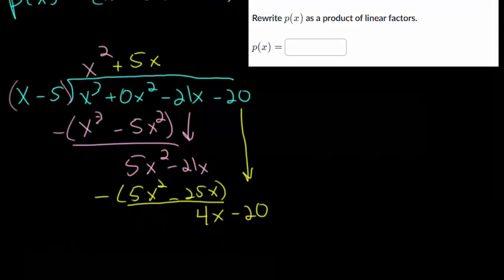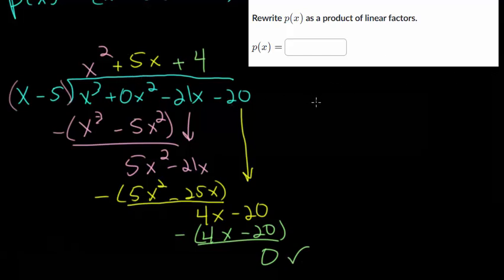And we repeat one last time. So x times 4 would give us 4x, so this would be plus 4. When we multiply 4 and x, and then minus 5 and 4 would be negative 20. We are subtracting something from itself, so we get a remainder of 0. 4x minus 4x is 0, minus 20 minus negative 20, or plus 20, also 0. Since our remainder is 0, you can feel fairly confident that this is correct.